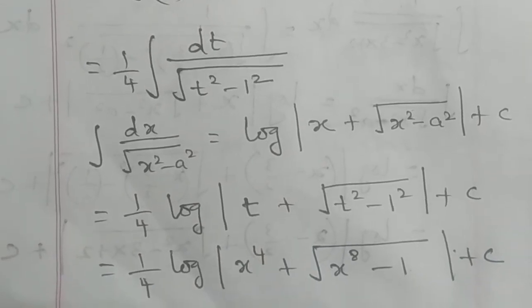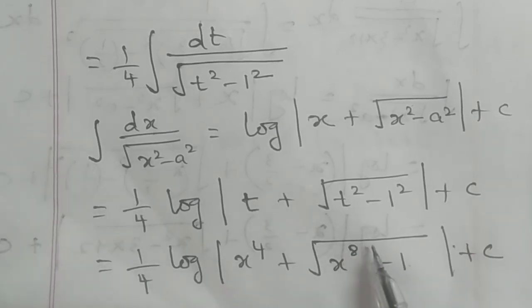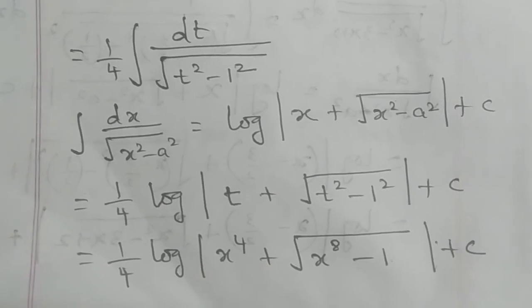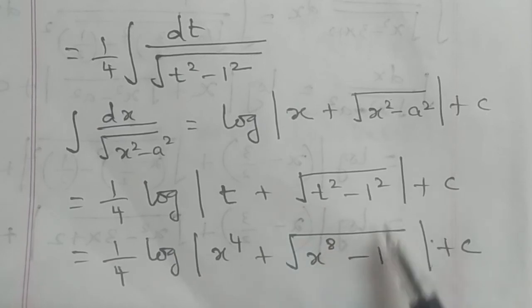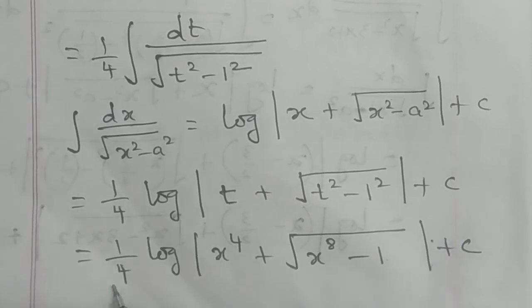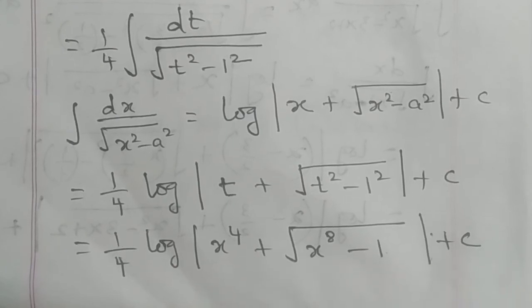T value is x to the power 4 plus square root of, what is the value for t? T value is x to the power 4, square means we get x to the power 8, here 1 square minus 1, plus c. So finally we get the value: 1 by 4 log modulus of x to the power 4 plus square root of x to the power 8 minus 1 plus c.